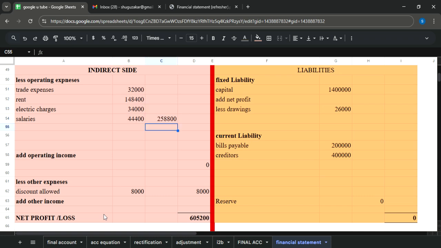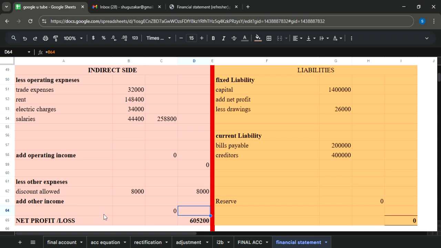Total has been calculated, and as you know that there is no operating income, you can put 0. There is only one other expense which is 8,000, and there is no other income, so you can put 0 over here.